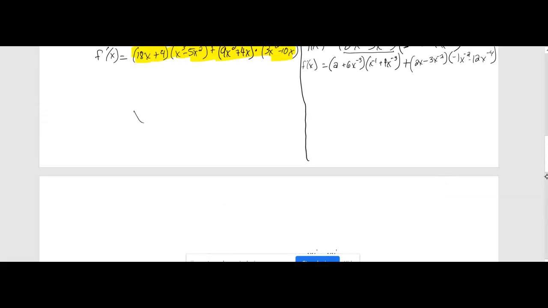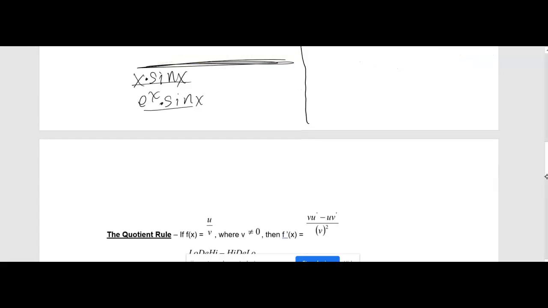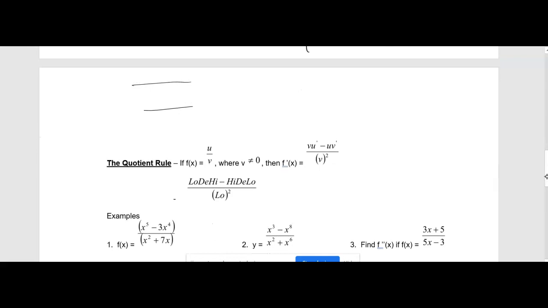But eventually, if we get to functions like x sine of x, where there's a product between those, or e to the x times the sine of x, then you have to know the product rule. It's easy with these to just multiply them out. We could FOIL all of them. But once you start getting into different types of products, you're going to have to know that rule. So right now we wouldn't do this very often, but when we get to these, the product rule will pop up a lot.